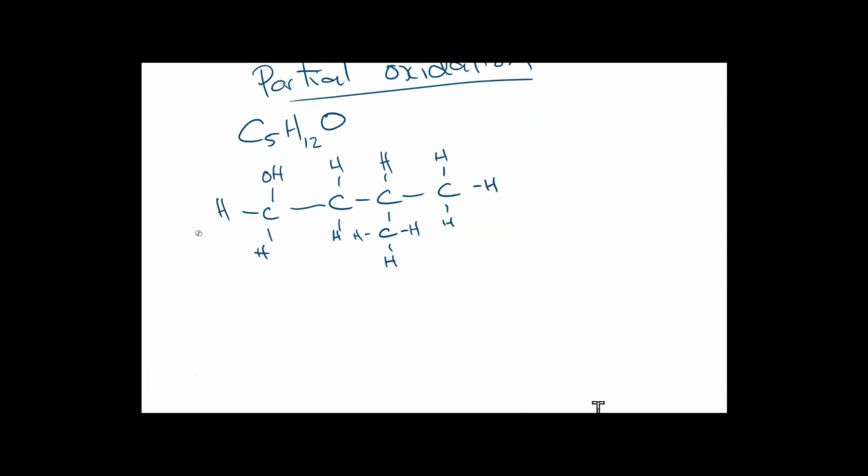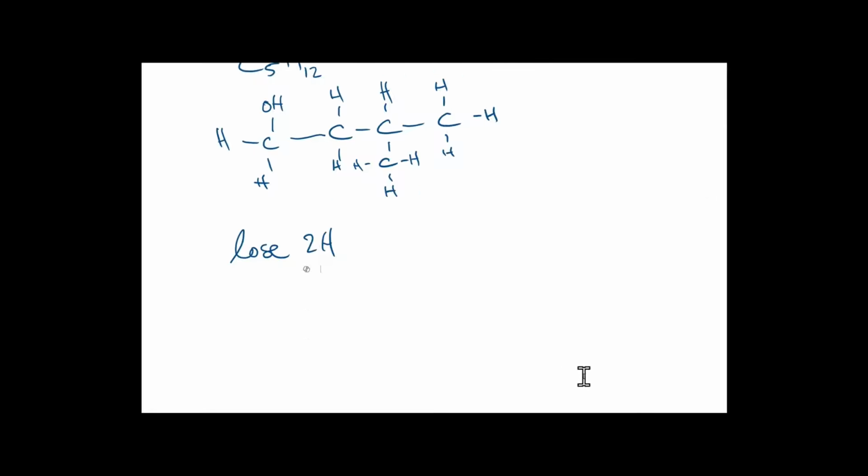And then it's going to undergo partial oxidation. So it's going to lose 2 of those hydrogen atoms. And to make up for that, the oxygen is going to become a double bond. So it's going to become something else. It's going to become an aldehyde. So in this case, let's see what's going to happen. The oxygen is going to have 2 bonds now.